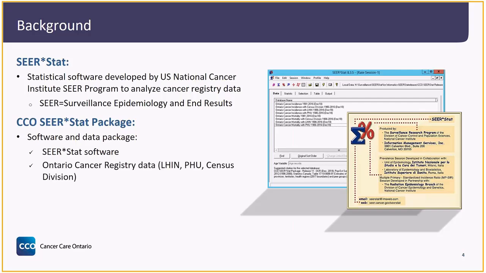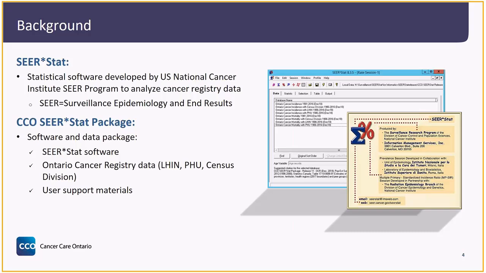databases containing Ontario cancer data at the Provincial, Local Health Integration Network, or LIN, Public Health Unit, or PHU, and Census Division levels, as well as user support materials, including a detailed user guide, FAQs, and training materials to assist users.